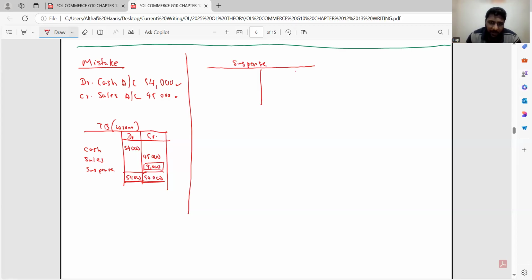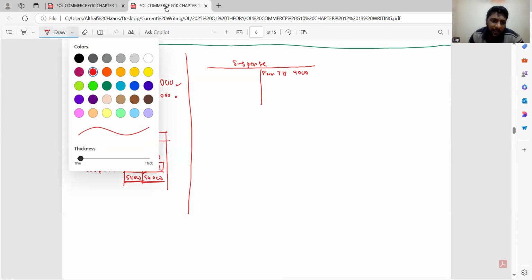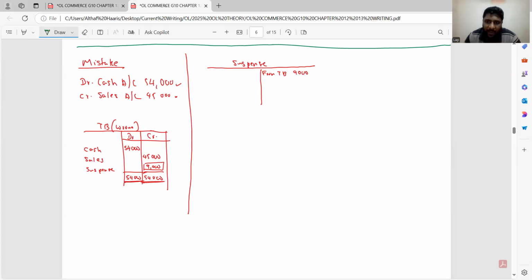Credit side 9,000 from the trial balance. Now you are finding this error. Then in order to correct it, what should you do? A 9,000 is missing in the sales account.